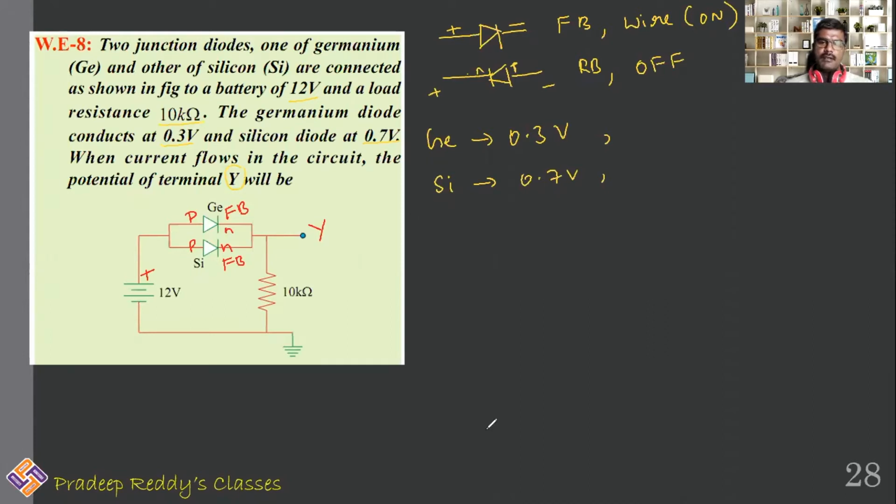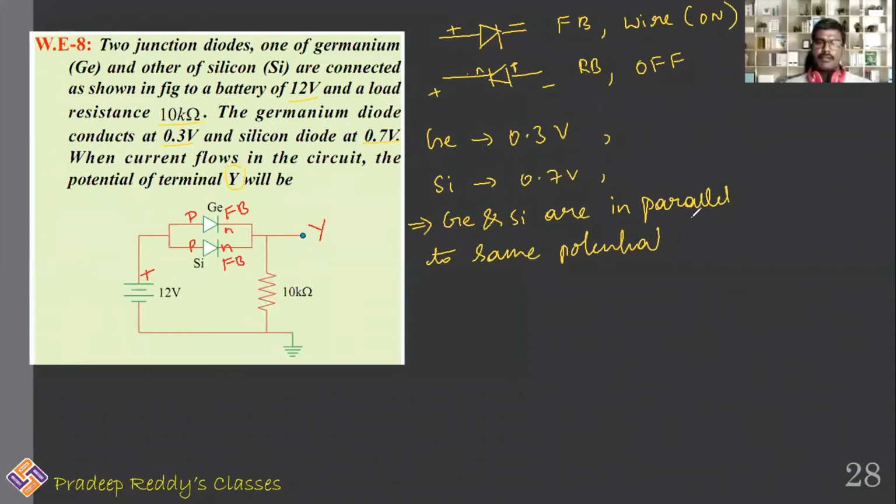Remember that germanium and silicon are in parallel to the same potential battery, which is 12 volt, right?